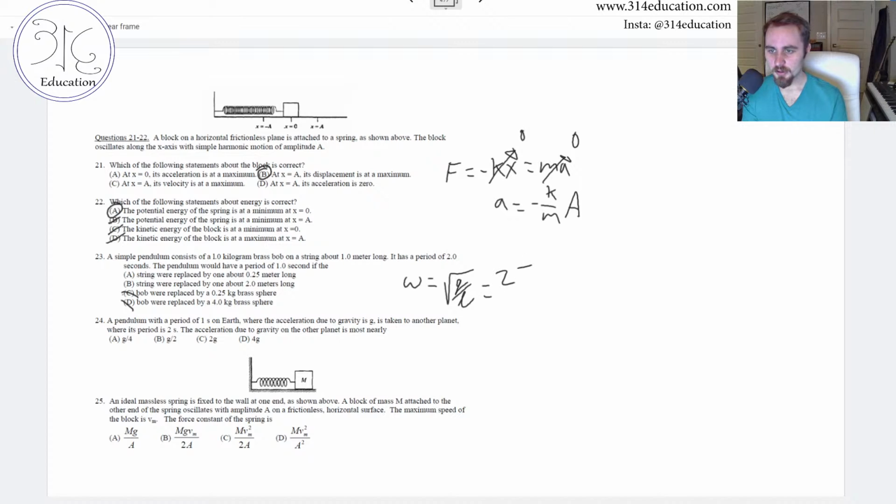But so we can compare this to 2 pi over T, and we want to double this. So we know that's going to increase. Okay, so we want to reduce this by a factor of 2. So this is going to be like dividing it by 2. We introduce a 2 here, so we'd want to introduce 1 over 2 here, which would be the same thing as introducing a 1 over 4 here. So we would want 4 times the length?